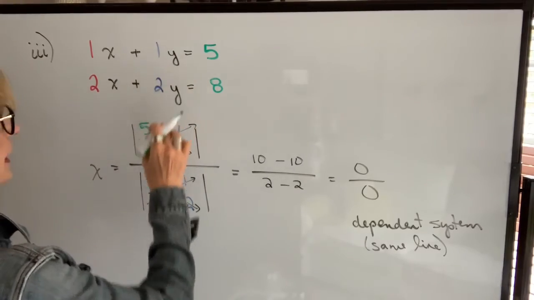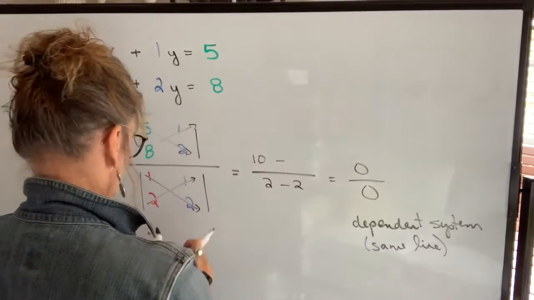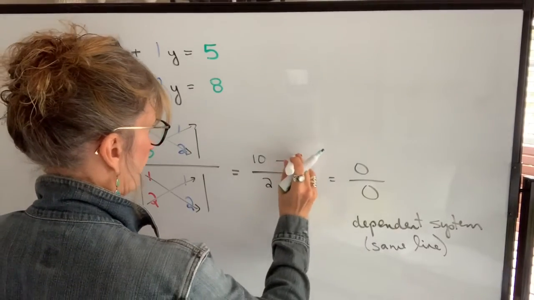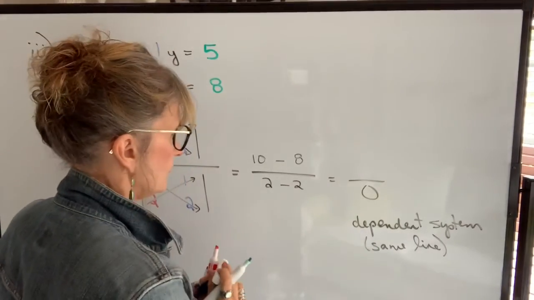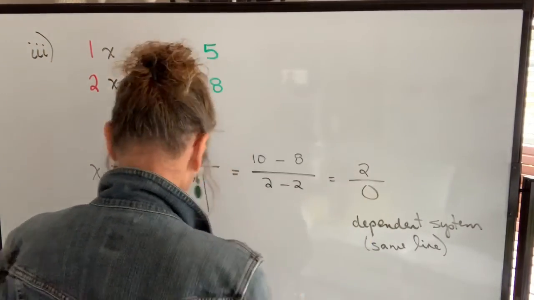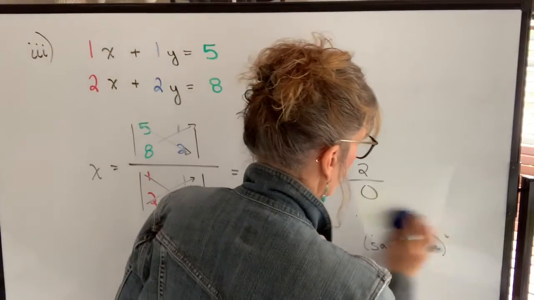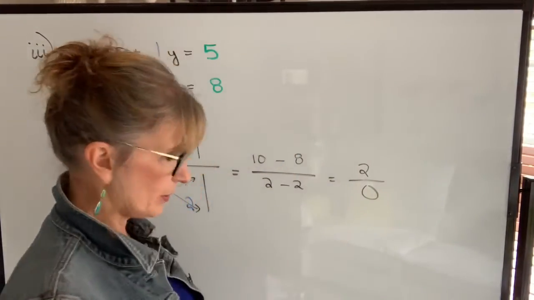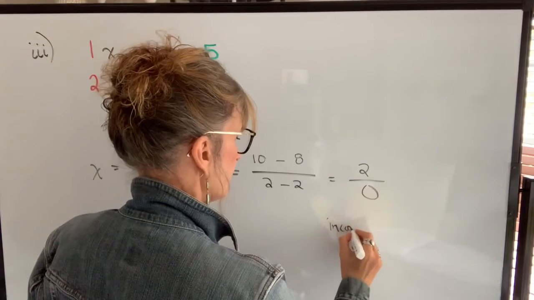They're not the same line anymore, but they are parallel. So you still have a denominator equal to 0, but your numerator is a number other than 0. If this happens, this means it's an inconsistent system.